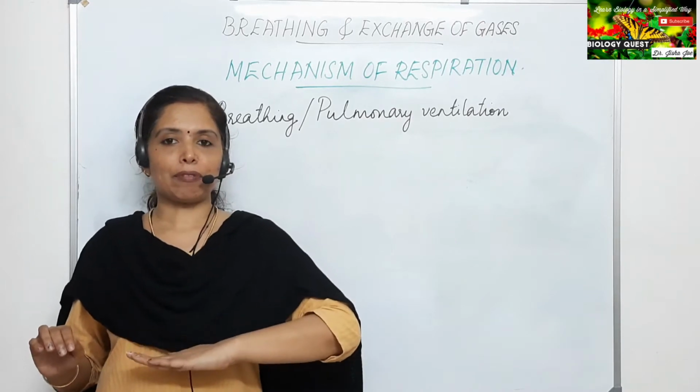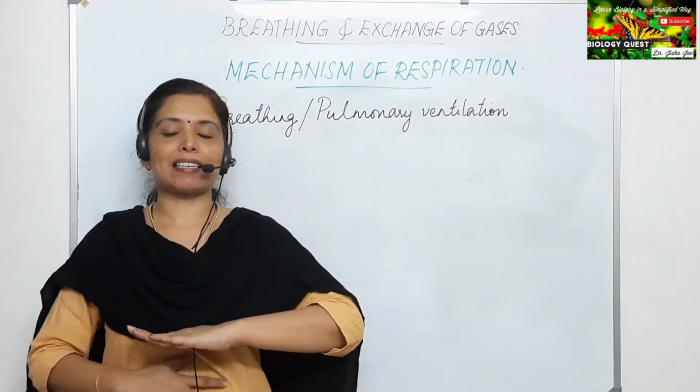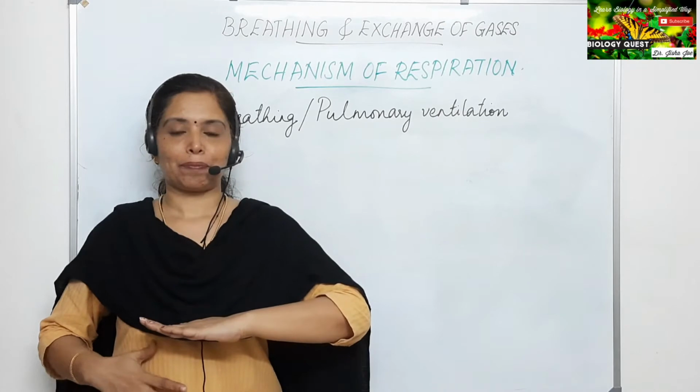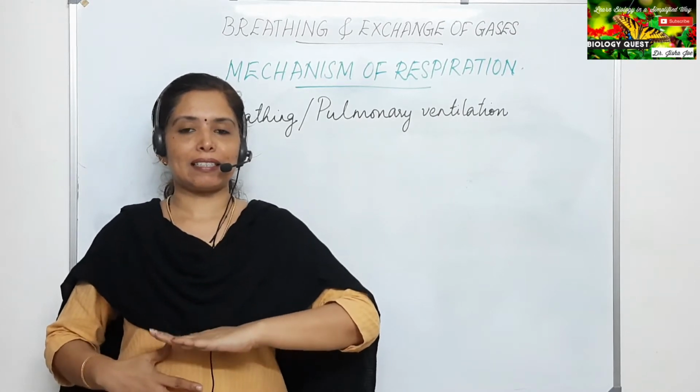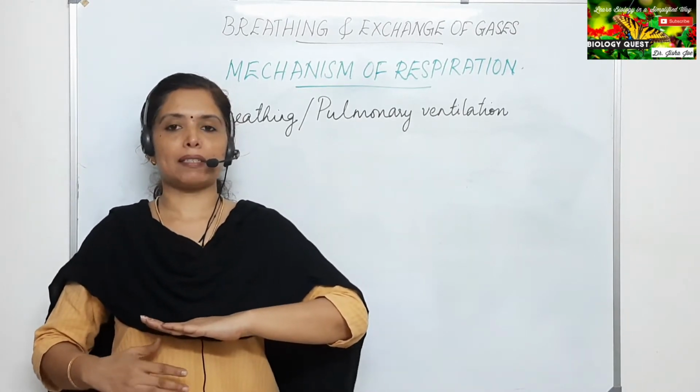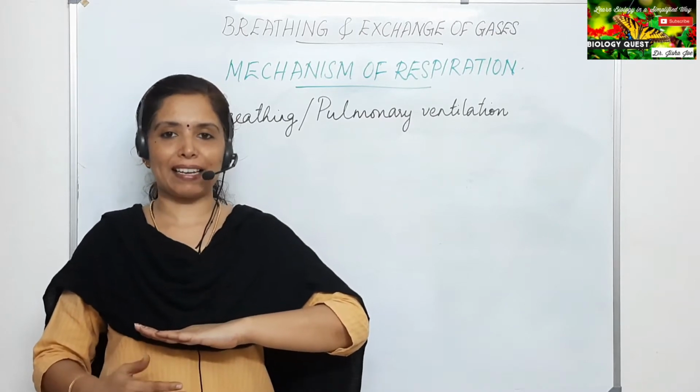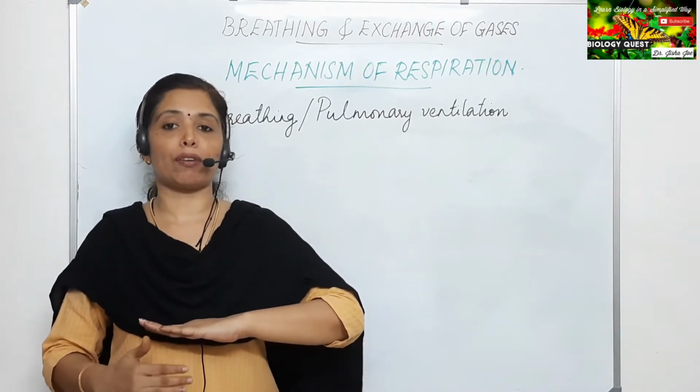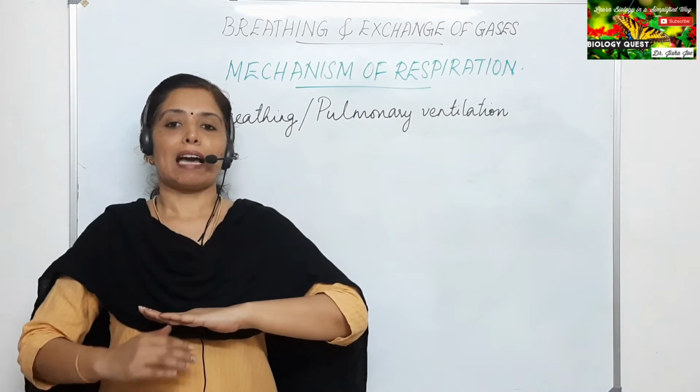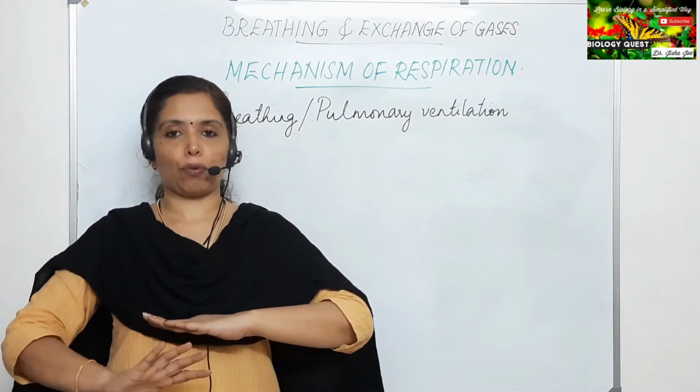As the diaphragm flattens, it presses against the abdominal organs, the intestine and the stomach, and the muscles of the abdominal wall relax and the abdominal wall is pushed outwards.